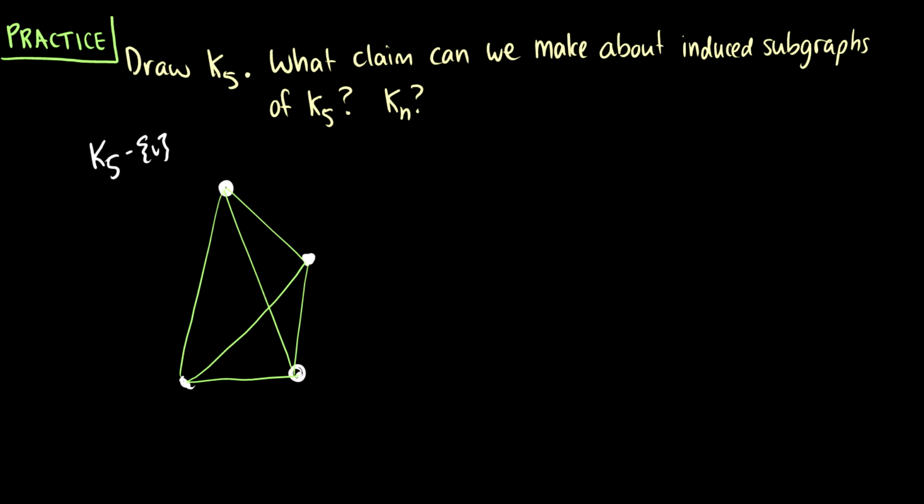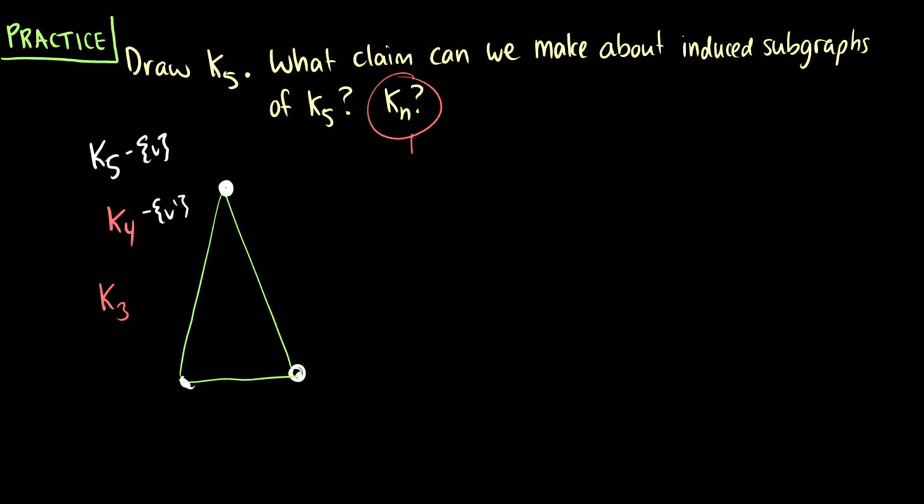What are we left with? We're left with K4, because each of these vertices is connected to 3 other vertices. Okay, so what happens if I remove another vertex? Well, then I remove, say, this one. Oh, what's that? We're now left with K3.